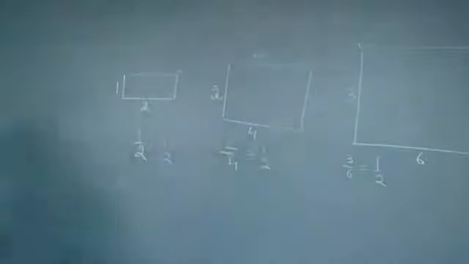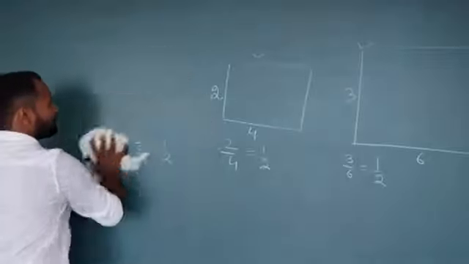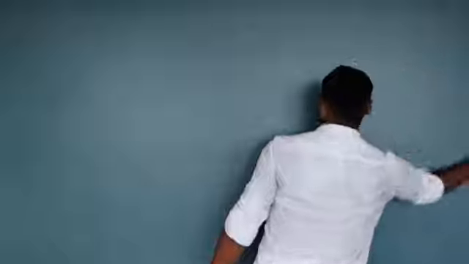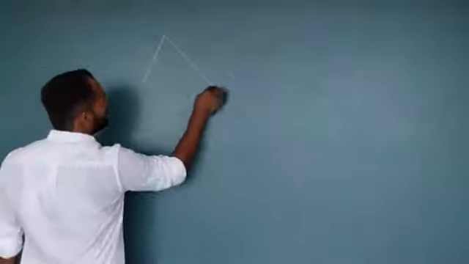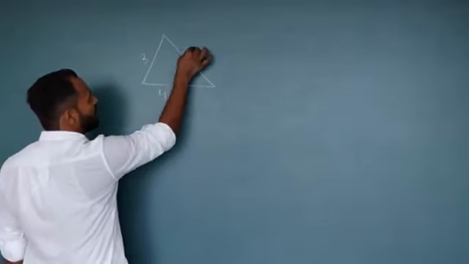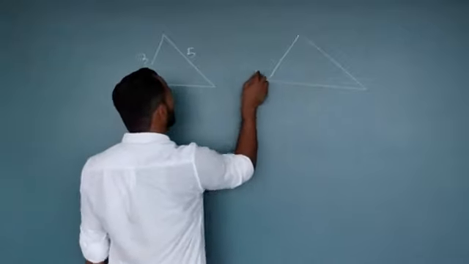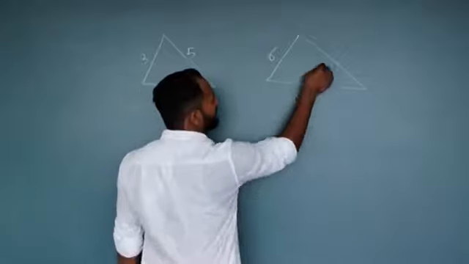Similarly, we can take another example of similarity. If you have a triangle, let's say with sides 3, 4 and 5, and another triangle with sides 6, 8 and 10.